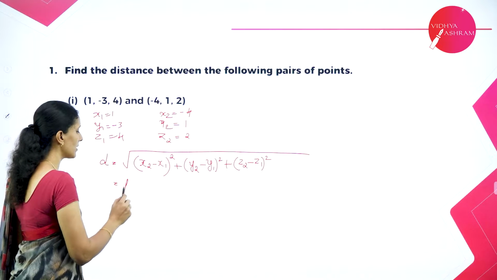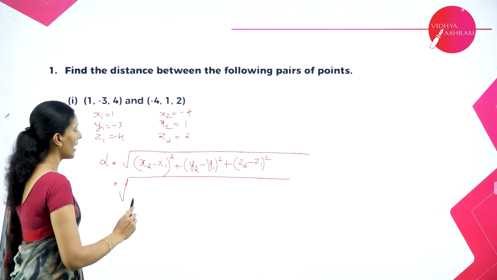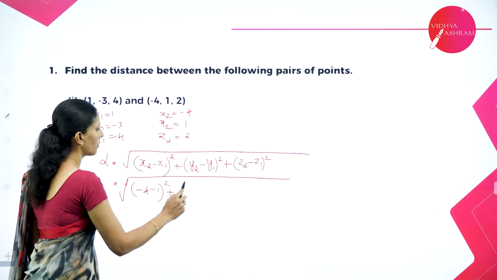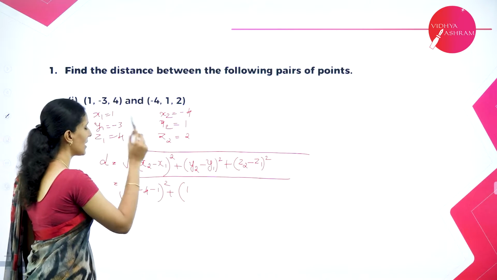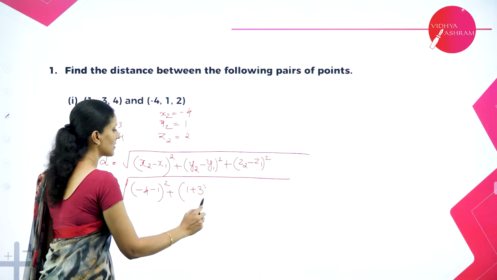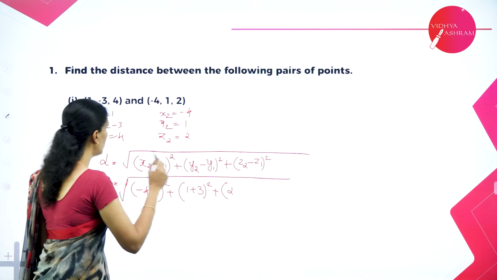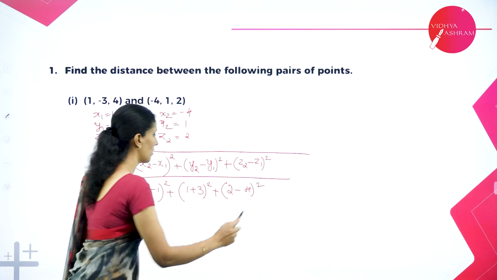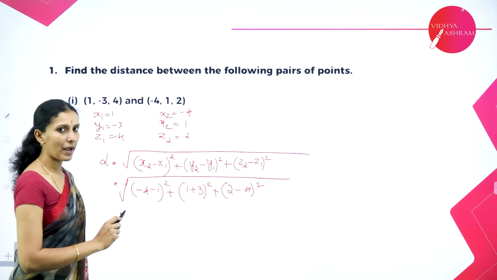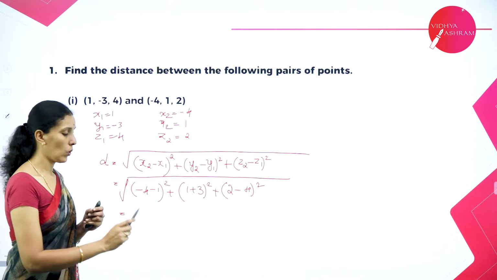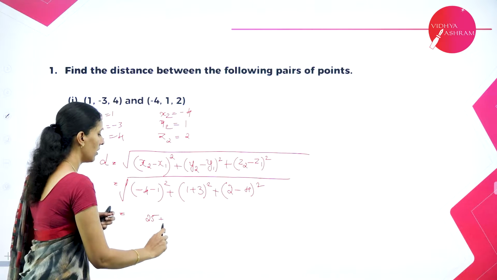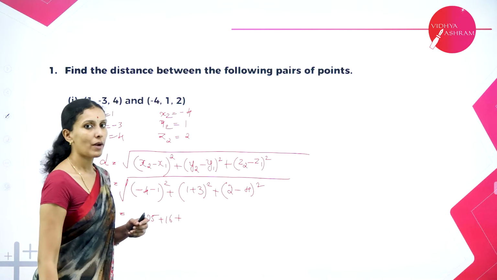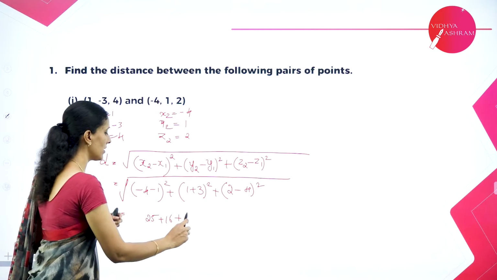Let's apply the formula. It is the square root of, so we have x2 is -4, x1 is 1, whole square. Next we have y2 as 1, y1 as -3, minus of -3 becomes +3. Next we have z2 as 2, z1 as 4, so it is -2 whole square. So here clearly it is -4 minus 1, -5, -5 whole square is 25. Next we have 1 plus 3, 4, 4 square is 16, plus 2 minus 4 is -2, -2 whole square is 4.